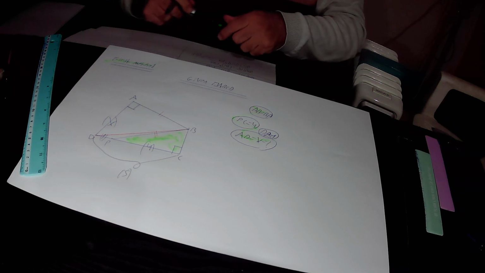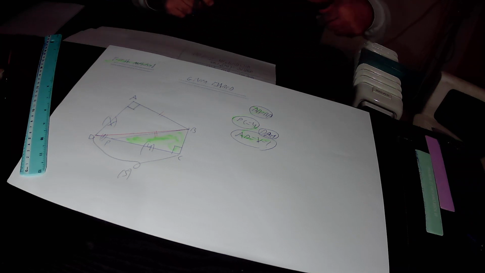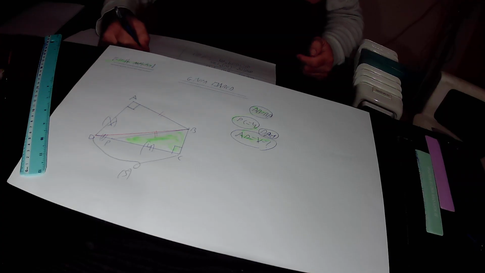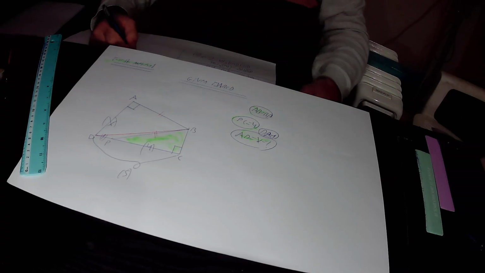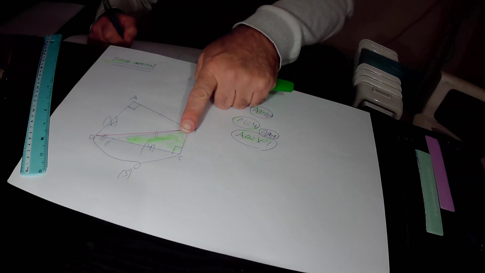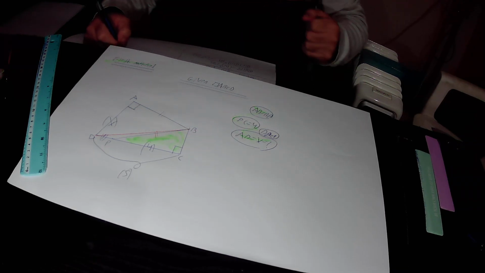This green right triangle PBC, according to the Pythagoras theorem, PB squared, that is the square of the hypotenuse, equals BC squared plus PC squared.